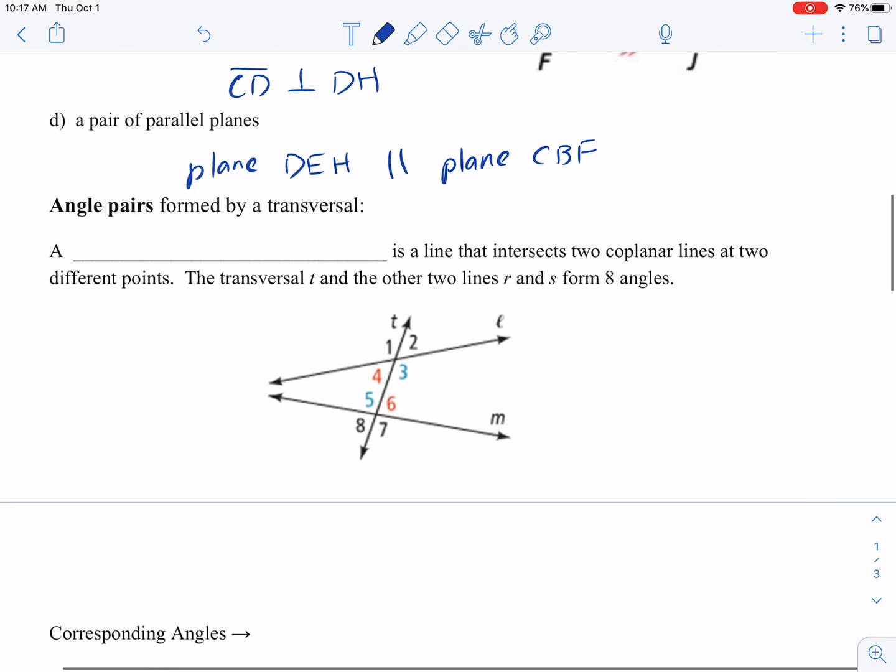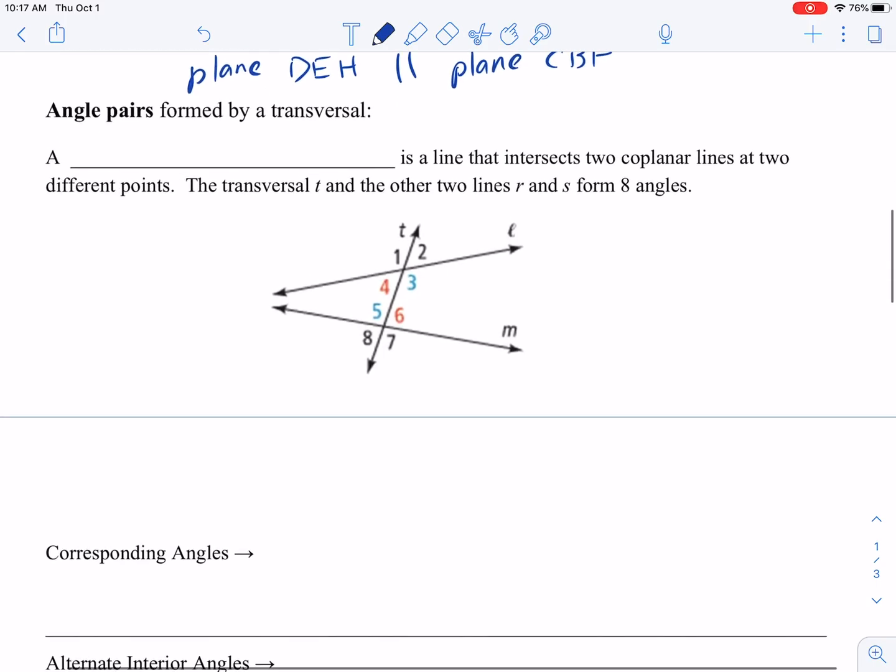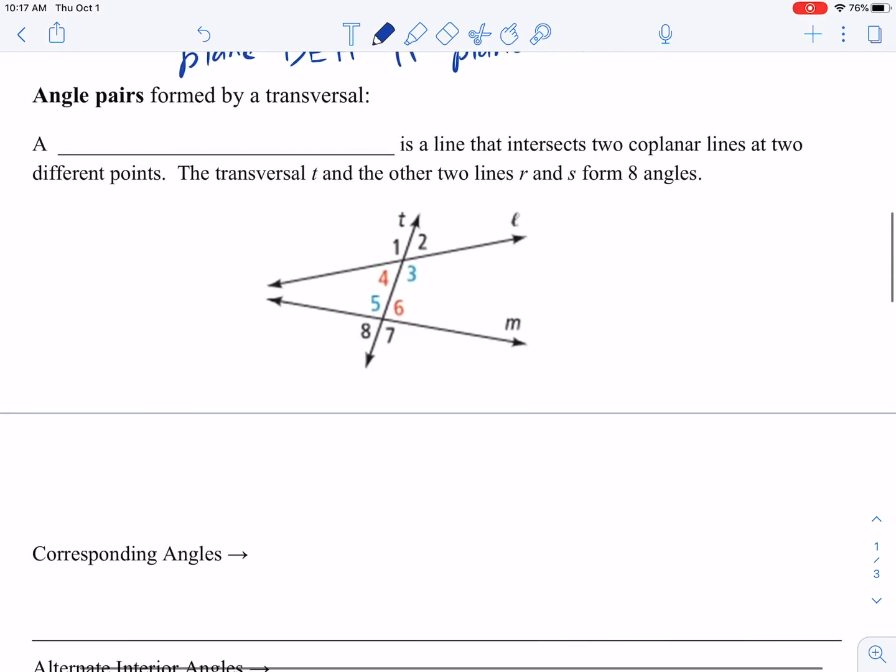Okay, let's talk about angle pairs. We have angles that are not always right angles from perpendicular lines, but we have angle pairs that are formed from a transversal. A transversal is this line right here, line T. A transversal is a line that intersects 2 coplanar lines at 2 different points.